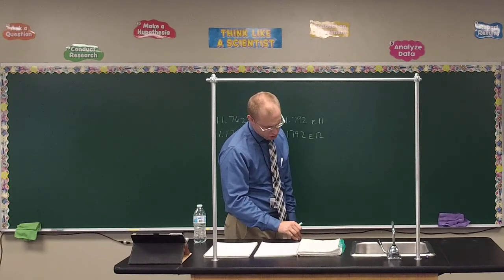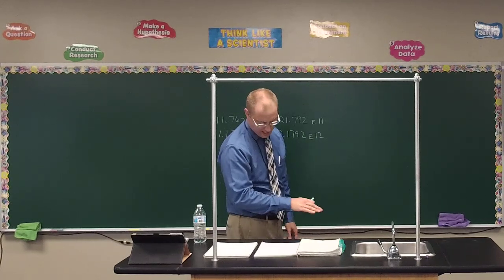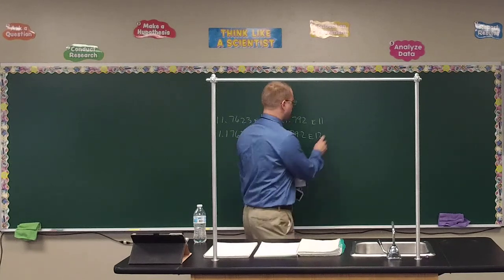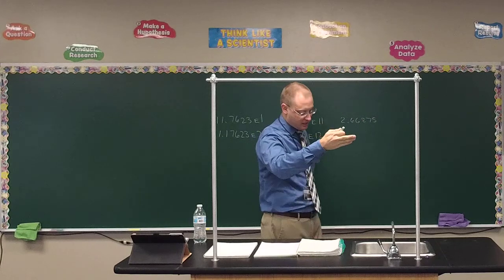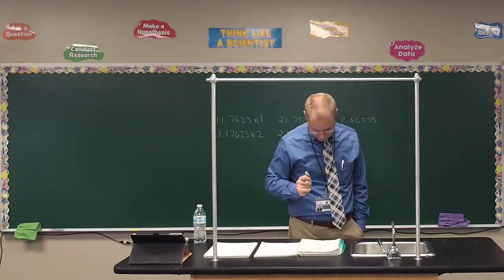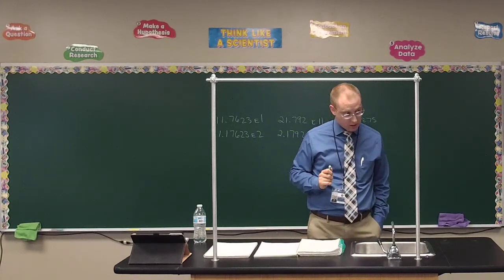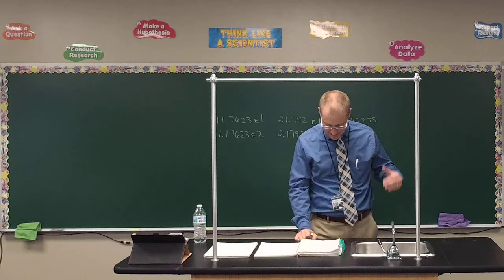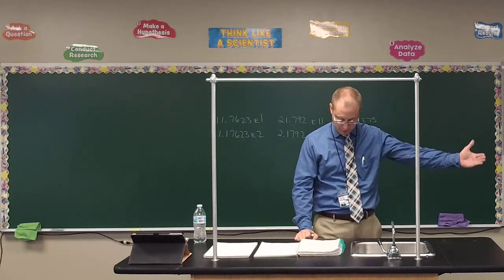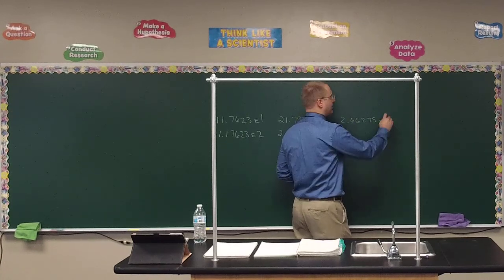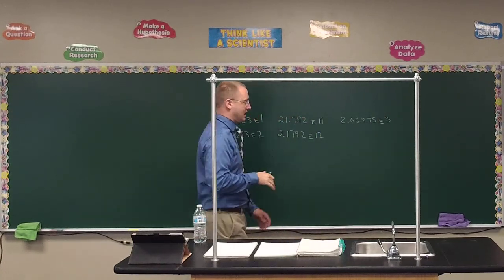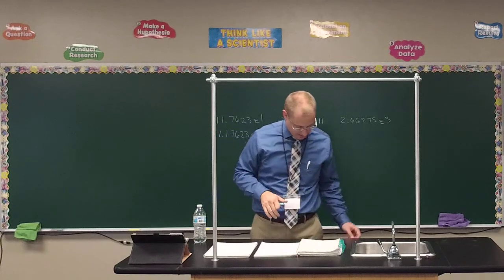It should have been 2.66875. But what do we have to do with the e's again since it's division? Subtract them. So we're subtracting an E6 minus the E3, which ends up giving us an answer of E3. And that is our final answer, 2.66875 E3.